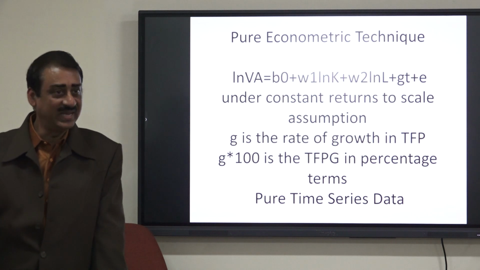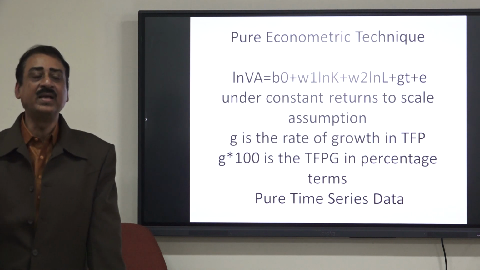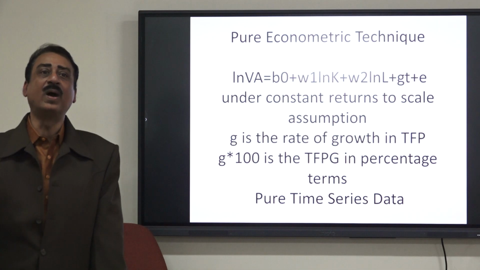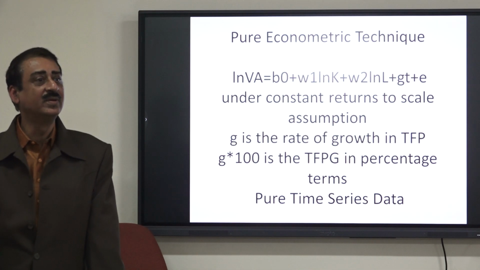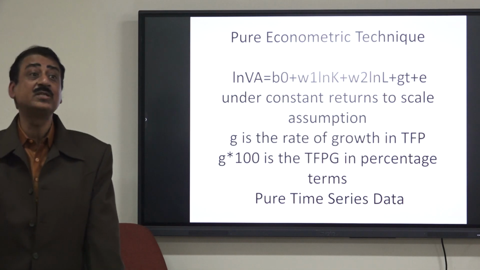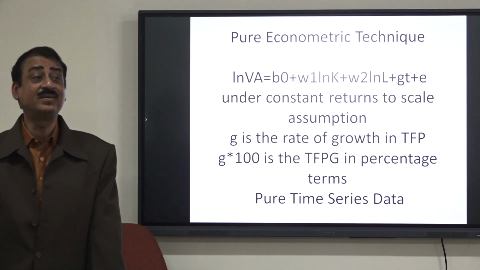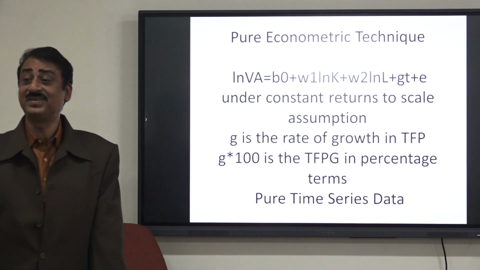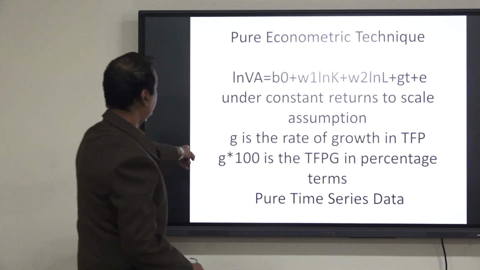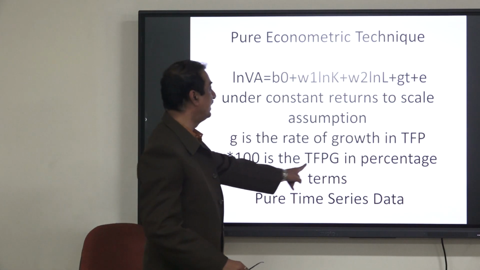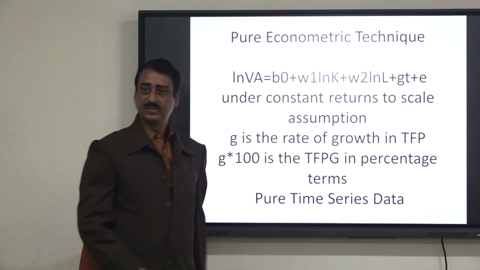It can be 0, it can be negative, it can be anything. Say minus 0.015, multiply it by 100, minus 1.5. So total factor productivity growth is actually declining at minus 1.5% a year. So this is what I did. G into 100 is the TFPG in percentage terms.